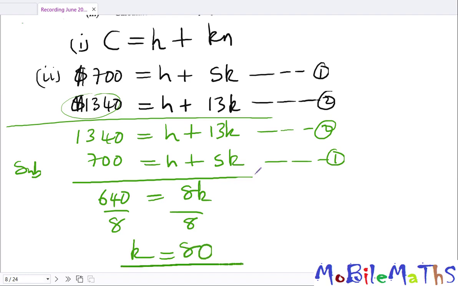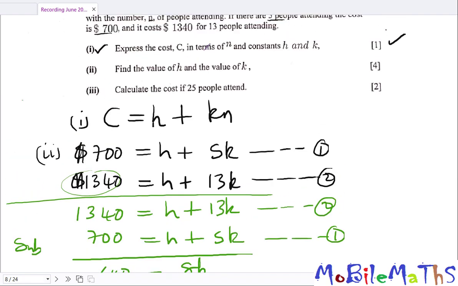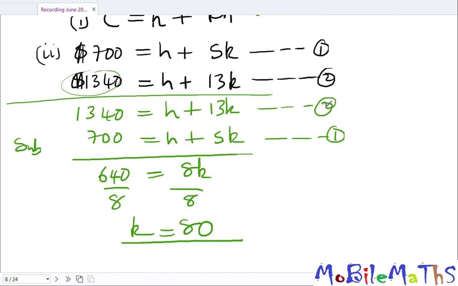Okay, so when we have our k, we can now rewrite this and say, oh, we have our k, only we need also h. So let's find h. I'm going to use the smaller one. Using the smaller one, equation 1, 700 is equal to h plus 5k.